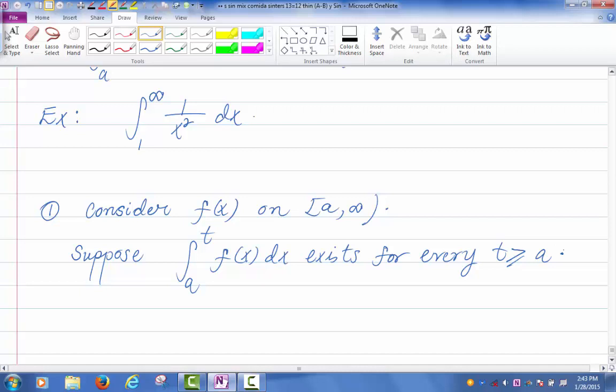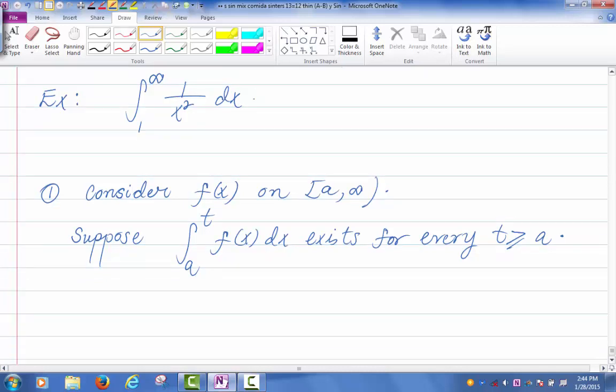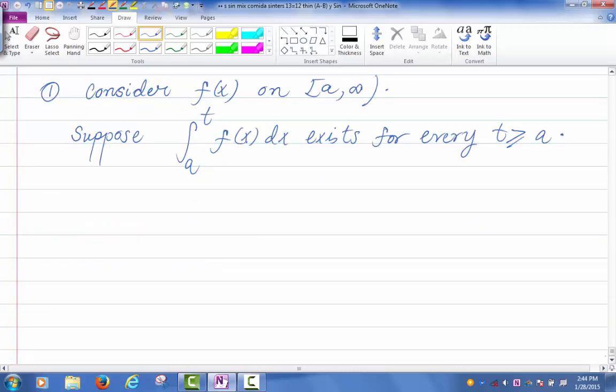If t is a number bigger than a, then the integral from a to t, we know what the definition is, right? It's the limit of the Riemann sum over that finite interval. And suppose that for any t, the integral exists. In that case, we define the integral from a to infinity of f of x dx.